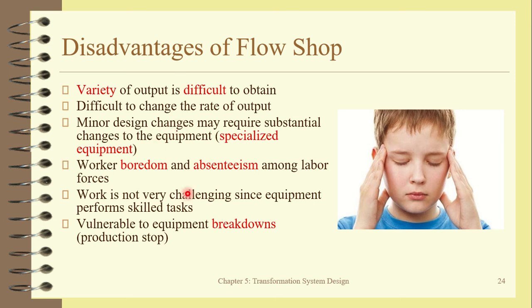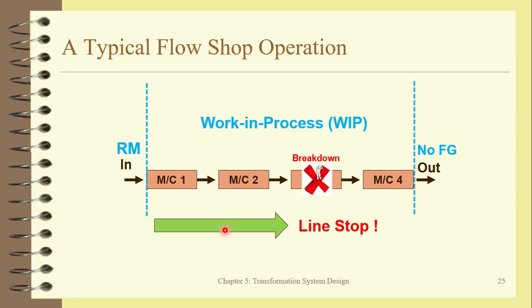And work is not very challenging since the equipment performs skilled tasks. And the last one is vulnerable to equipment breakdown. Let me show you the picture. Because the flowchart process must come from the first operation and second and third, and then at the end the final operation like this one.